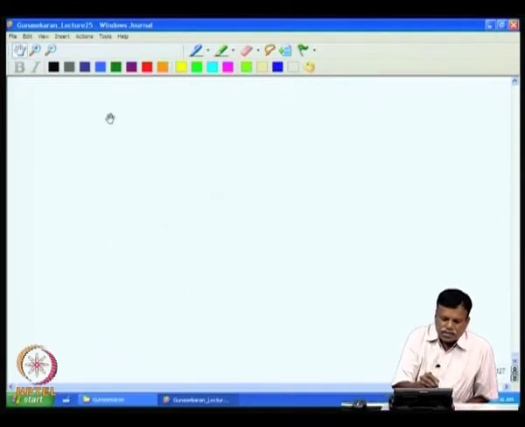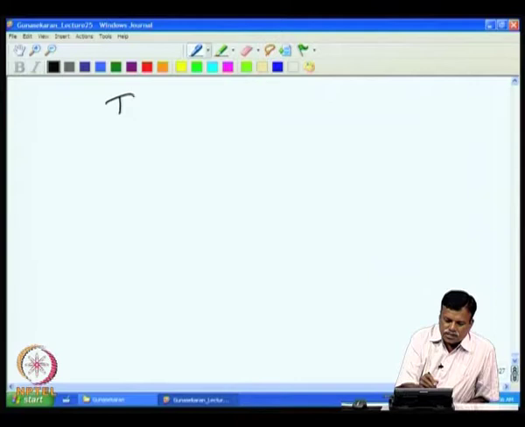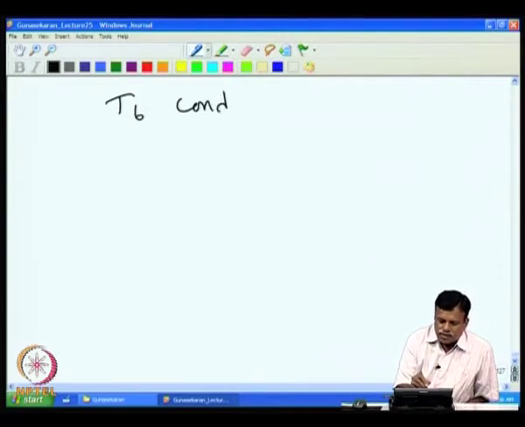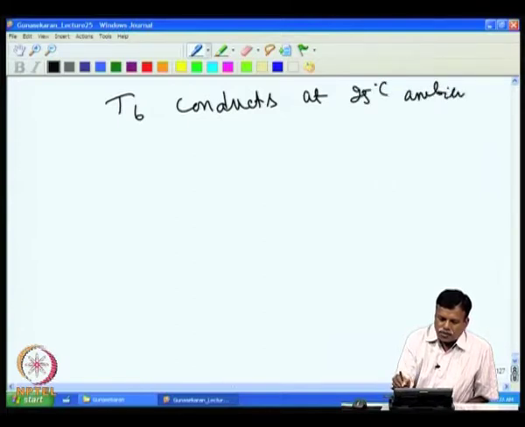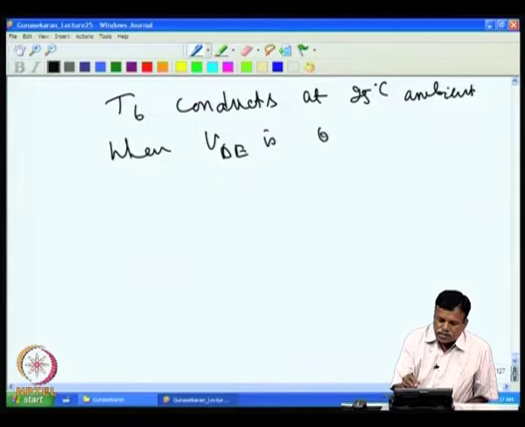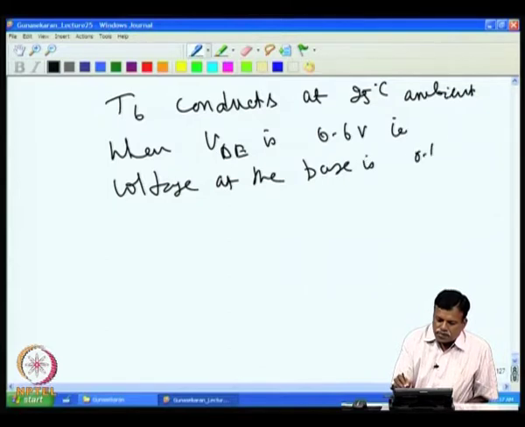So, T6 conducts at 25 degree ambient when VBE is 0.6 volt, that is, the voltage at the base is 0.6 plus 0.6, that is 1.2 volt.